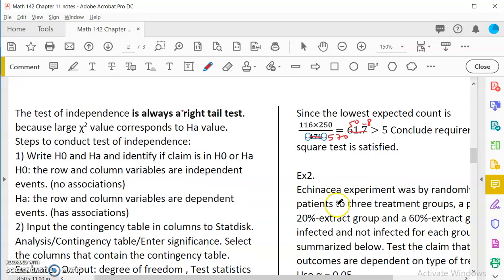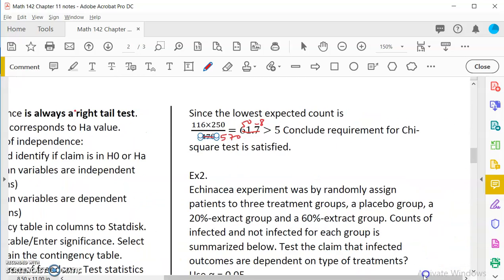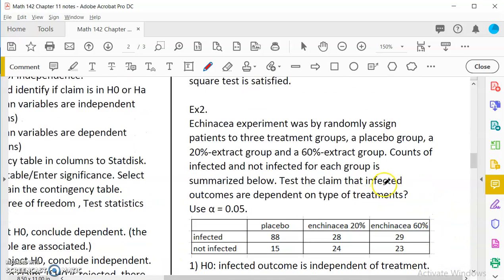So that's right. Example 2. We do another experiment for a treatment of cold. Not a treatment for preventing cold, but would you be affected by flu or cold if you take Echinacea, some kind of herb, at 20%.